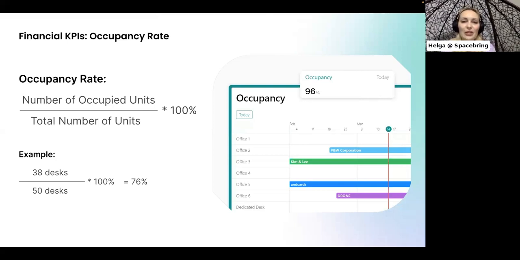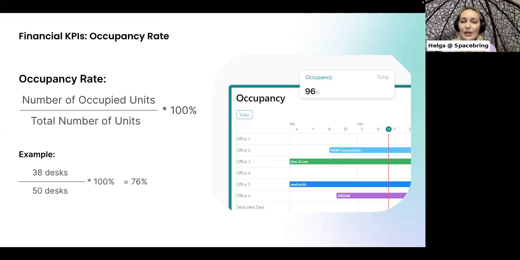Just take the number of occupied units, whether that's desks, rooms, or seats, and divide it by the total number of units available in your coworking space, and then multiply the result by 100. Let me break it down with an example for you. Imagine you've got a cozy coworking spot with 50 desks up for grabs.